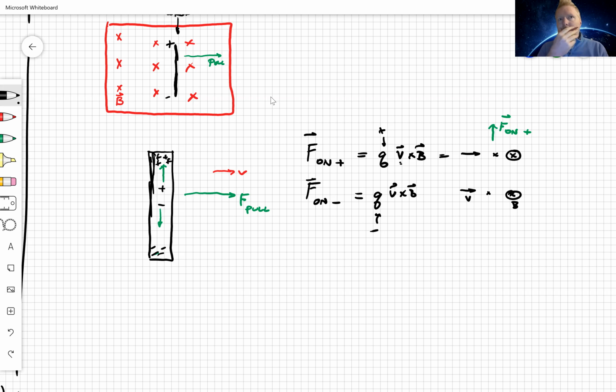Well, if the charge is flowing up, that's like a current, right? If the positive charge is flowing up, negative charge flowing down, that's like a current in this wire. Yes, it's not a very big current, but imagine that the current is kind of going this way, right? I'm not even going to call it capital I. I'm going to call it little i, which is not very good, but it's a little tiny current.